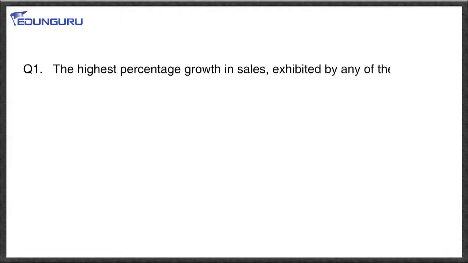Now, in such a question, it's obvious that you need to perform a lot of increase or decrease percentage calculations. As you can see, the first question itself asks for the highest percentage growth in sales exhibited by any of the startups, which means you need to check year on year and see which startup has the highest percent increase in any particular year. Similarly, the second question talks about YOY CAGR.